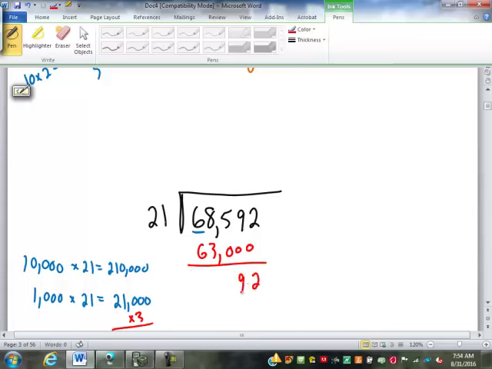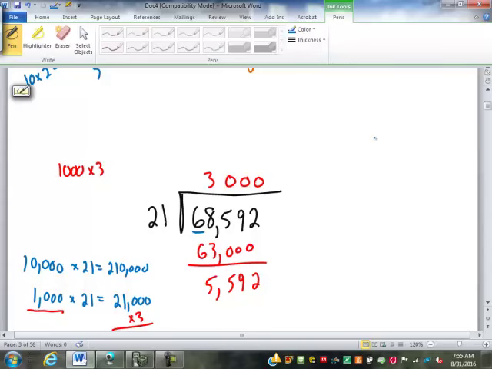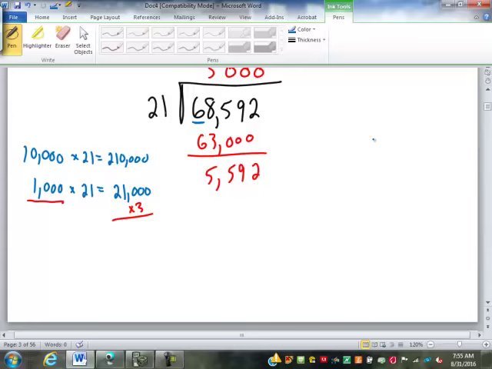That leaves 5,592. So what I just did here is I subtracted 1,000 21s 3 times. That's 1,000 times 3, or 3,000 21s that I just subtracted. Does that make sense? I just subtracted a bundle of 3,000 of them, a little bit quicker than subtracting it 3,000 times.